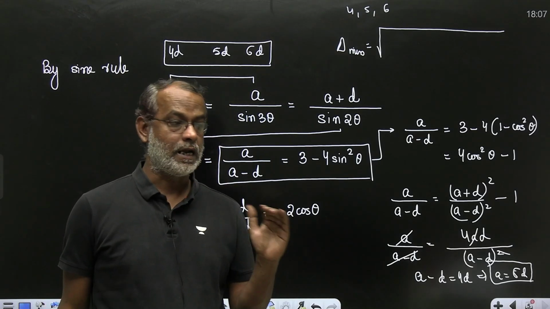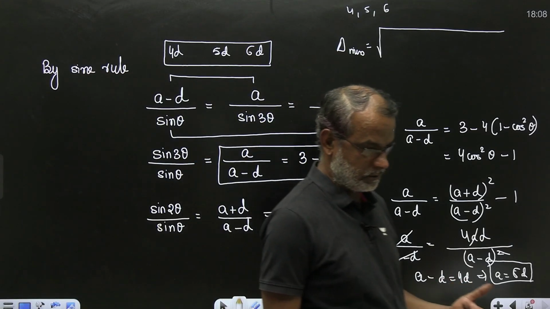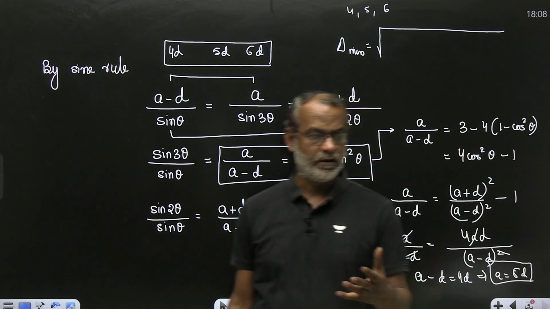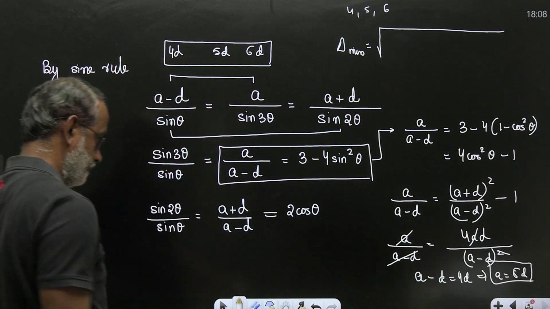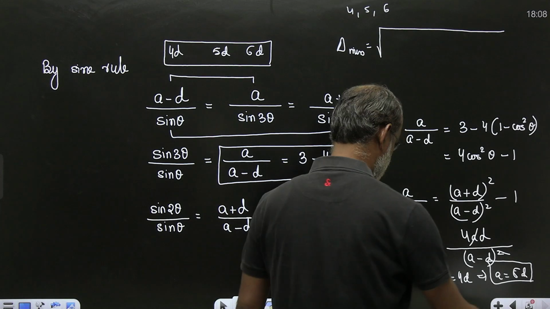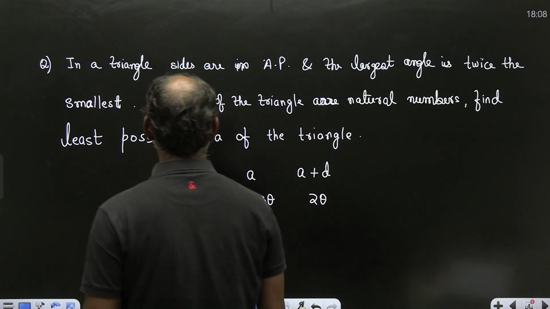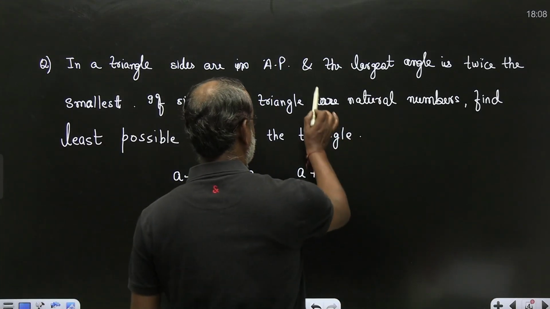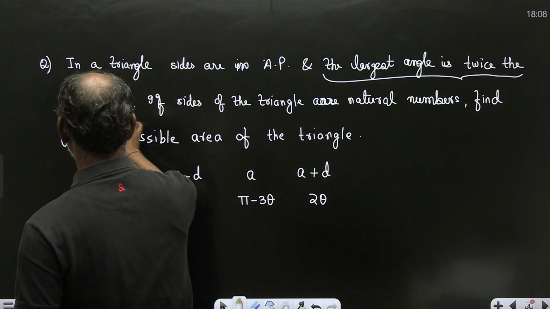Sides are in AP and the largest angle is 90° more than the smallest angle, then find the ratio of sides. In the language of this problem, only this thing needs to be changed.